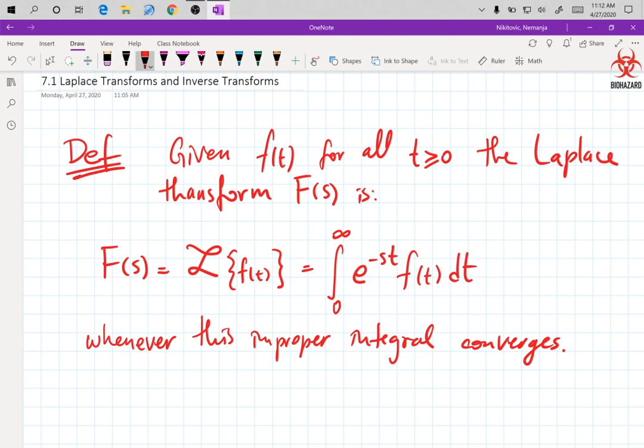So this is your definition for the Laplace transform, and you will be using this integral to transform your differential equation into the basic algebraic equation, and then you would solve that algebraic equation and get the solution, and then transform back. But that's 3 sections away, so let's not get carried away.